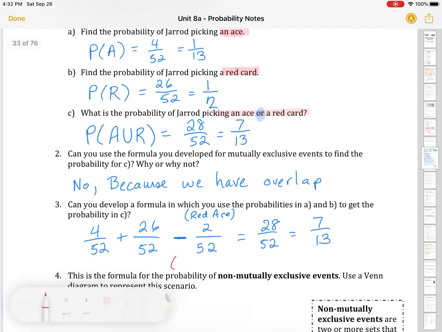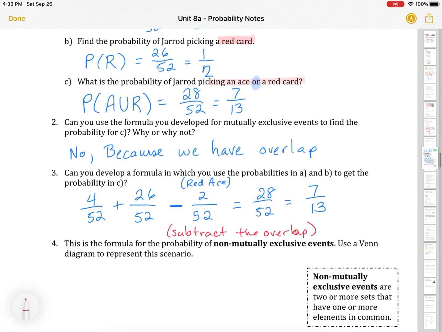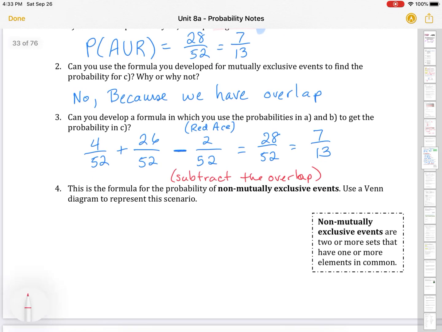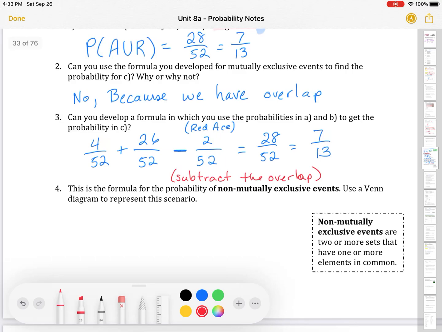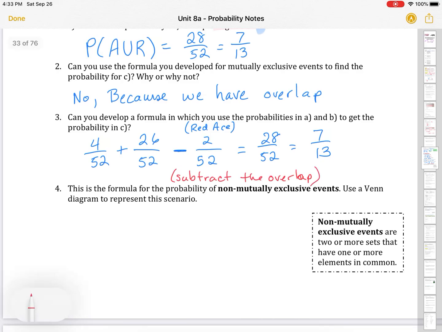So these are the red aces. They fall under both categories. We'll get 28 out of 52, which is equal to 7 out of 13. So what we're subtracting here is the overlap. And we have to do that, otherwise we're counting it twice, and we don't want that.